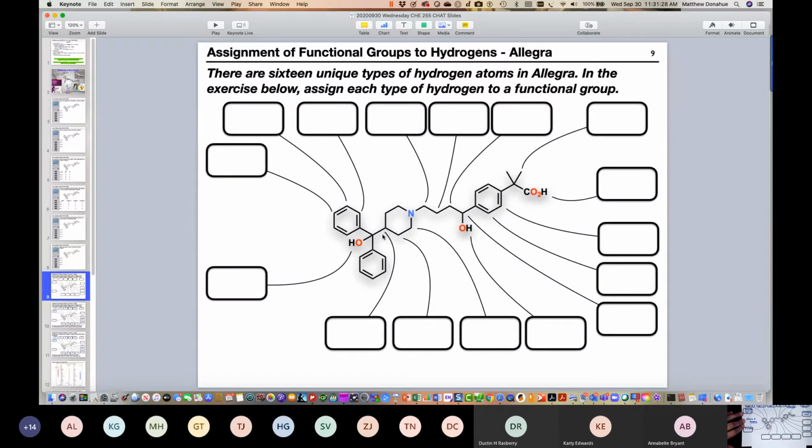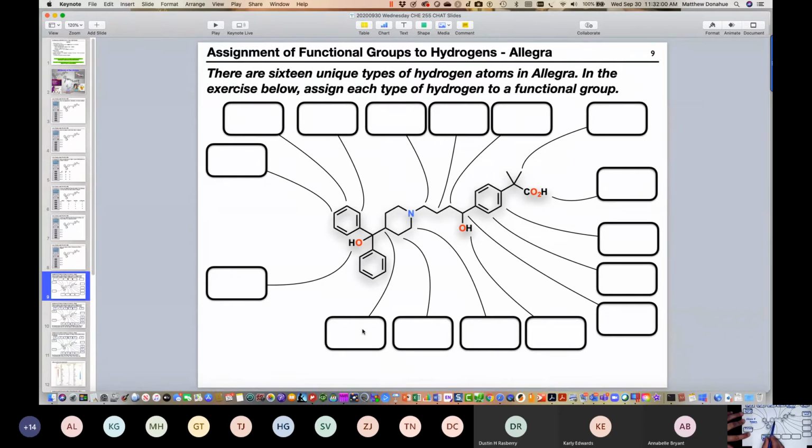I'll move my mouse. We're over to here right now. So yeah, we're back to alkane. This is CsP3H, and then this is a methine.